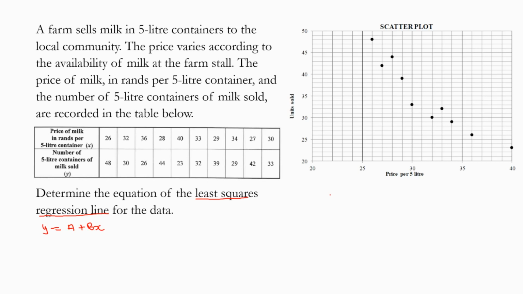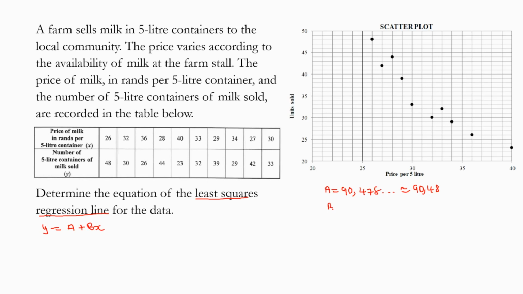We've managed to find our A and B. We said from the calculator, A is equal to 90,478 and so on, which is approximately 90,48.